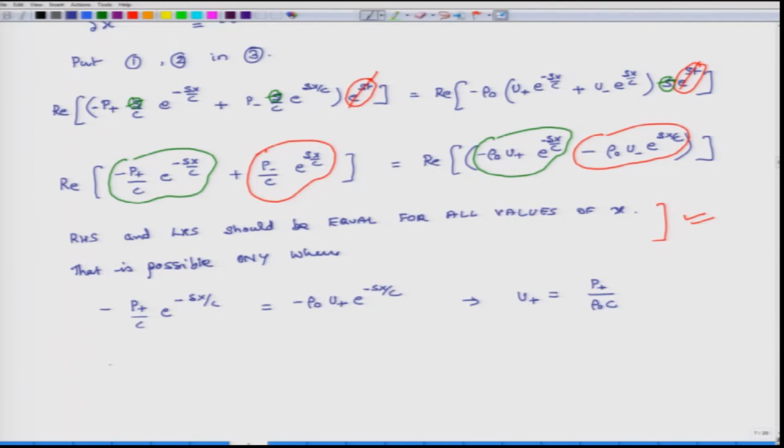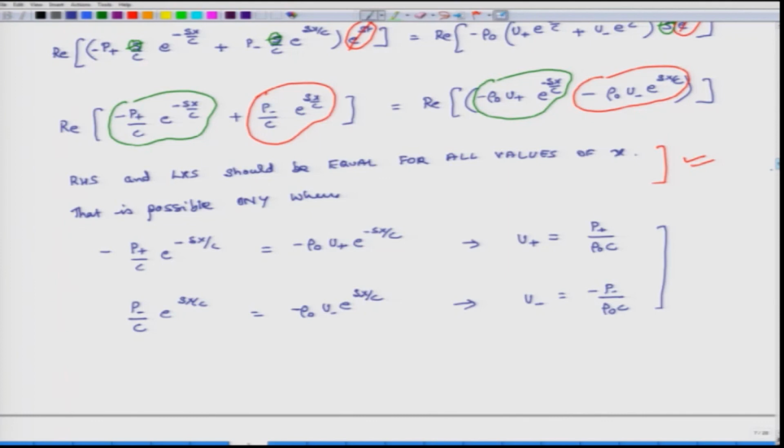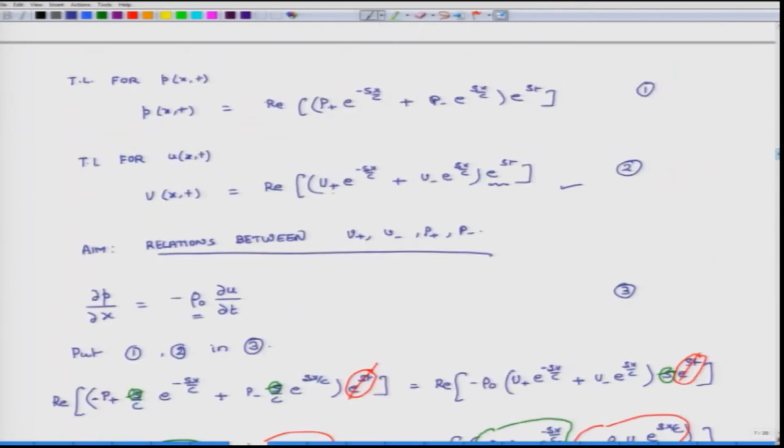And similarly, from the terms encircled in red, I get p minus divided by c e to the power of s x over c equals minus rho naught u minus e to the power of s x over c, and from this I get u minus equals minus p minus by rho naught c. Let us call this equation 4.